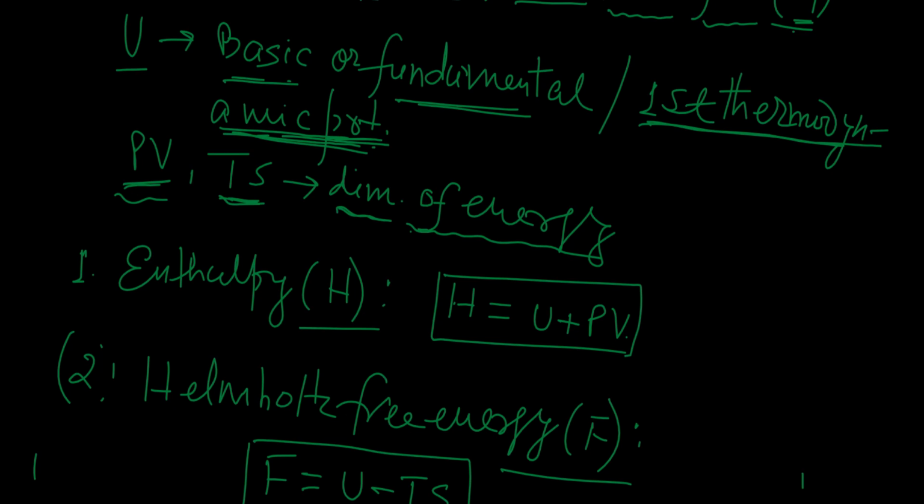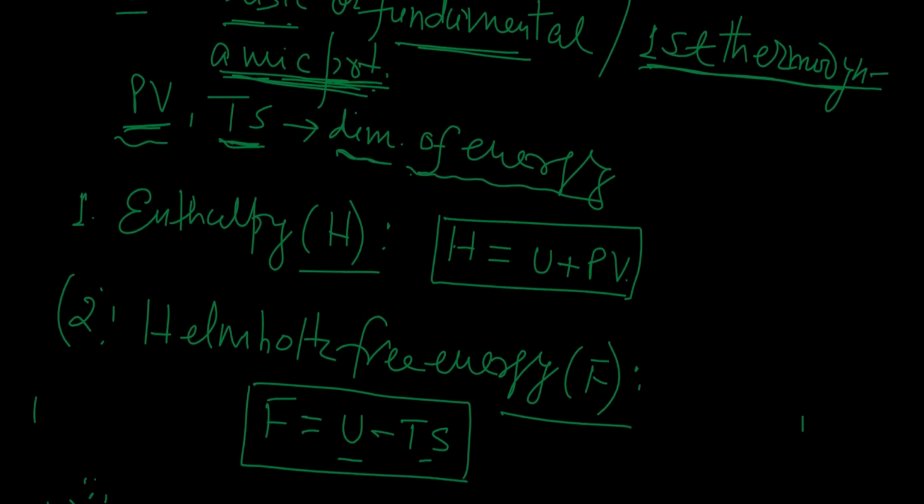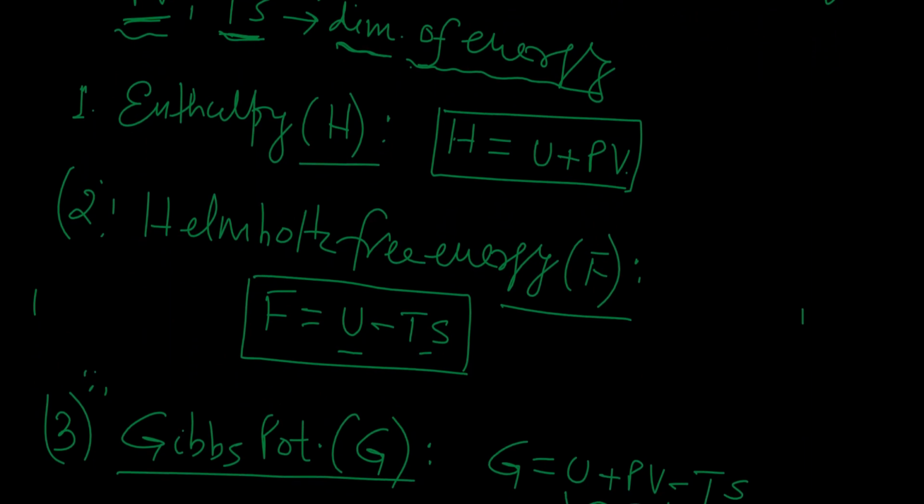Number one, enthalpy, denoted by the symbol H. As we will see later in this lecture how H is defined. H is defined as U plus PV.